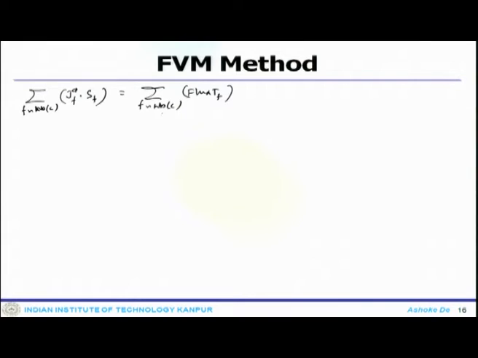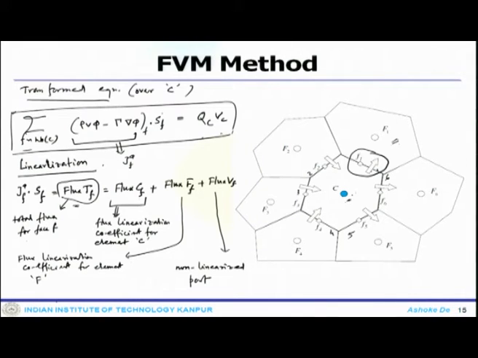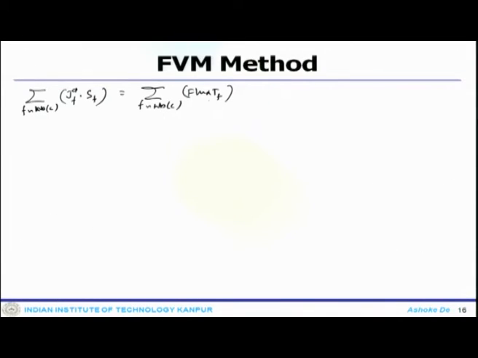That means the left hand side of the equation I am writing is the total flux. So, this is nothing but the F over that element: flux Cf phi c plus flux Ff phi f plus flux Vf.